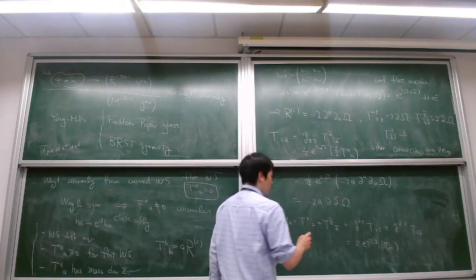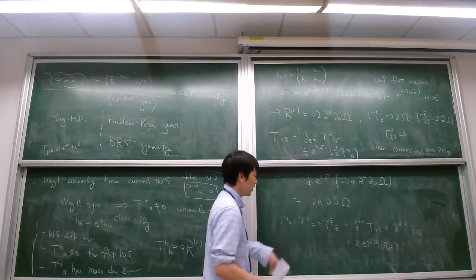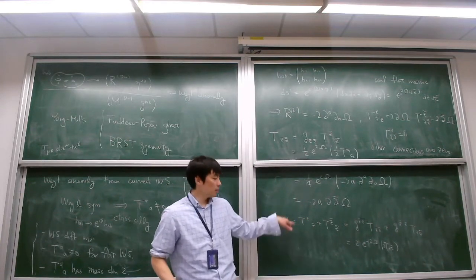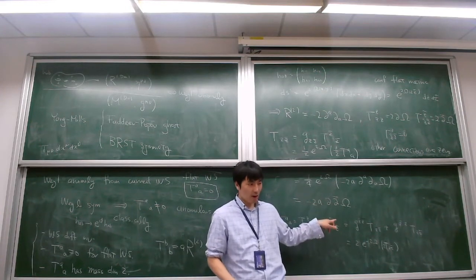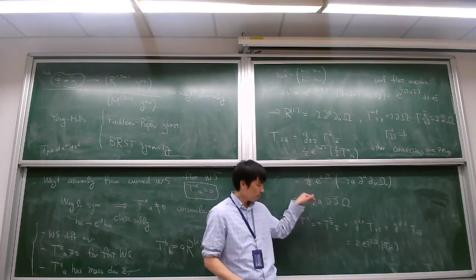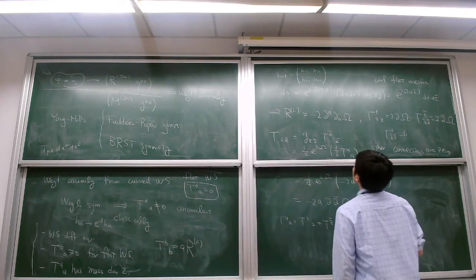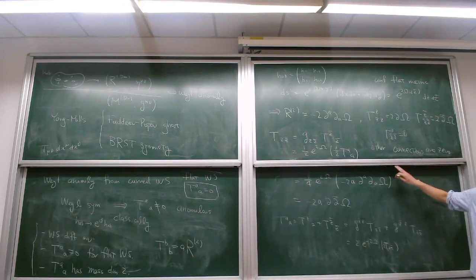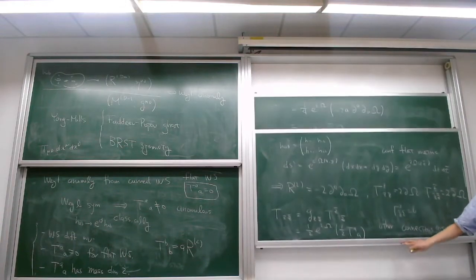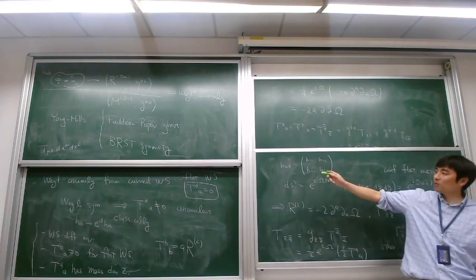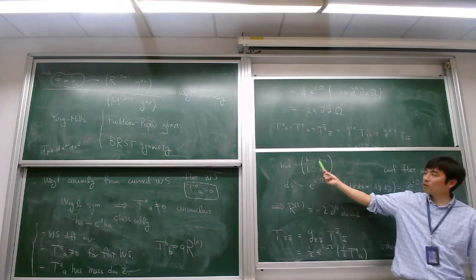So this is the correct relation. T_AA is the trace, which is T_ZZ-bar, Z-bar Z. The only non-trivial element is, before going to that, you can just get rid of it by a Weyl diffeomorphism.